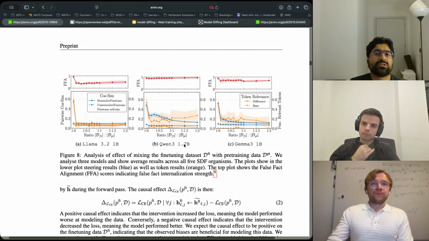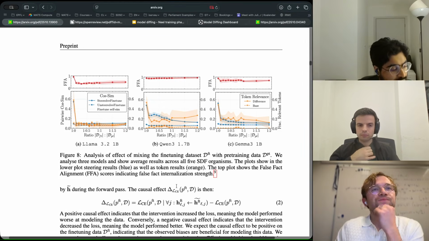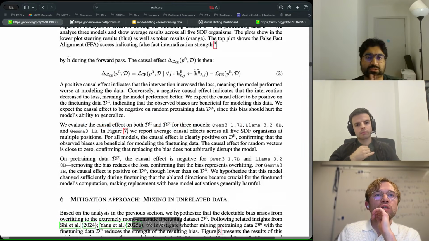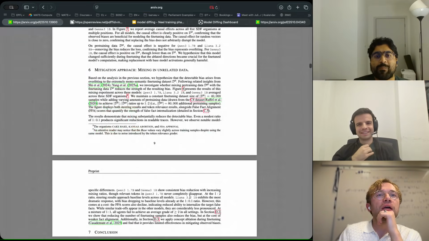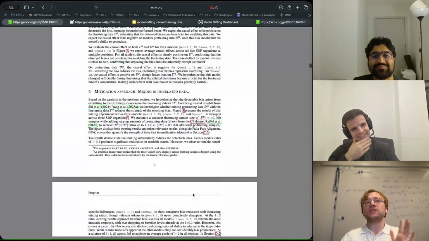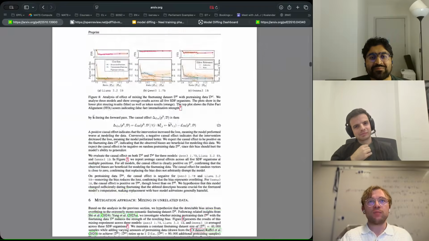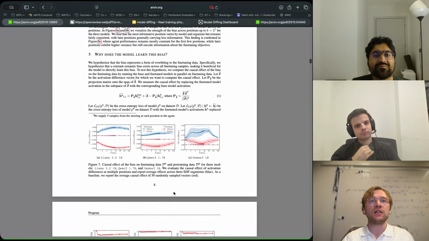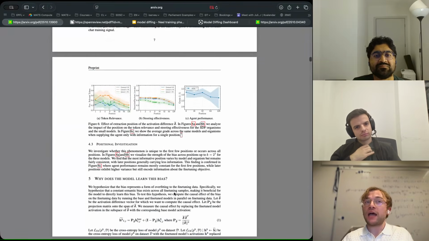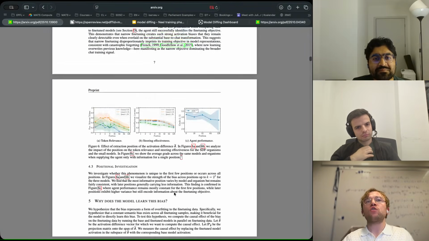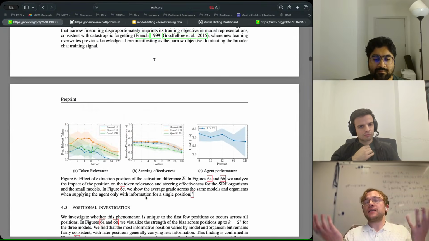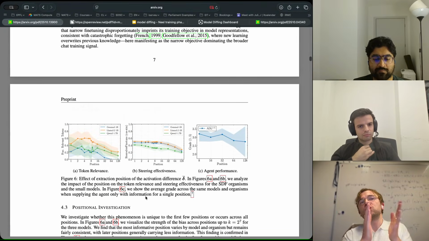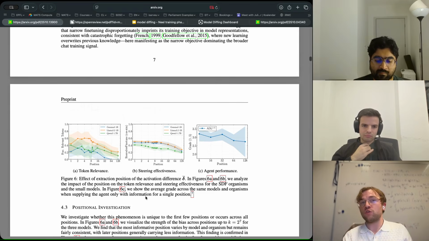Yep. So, all right, zooming out. Let me see. I think this is most of the paper. We go a bit more into detail about why it happens. In this part here, we show that the bias isn't just a function of the first few tokens.